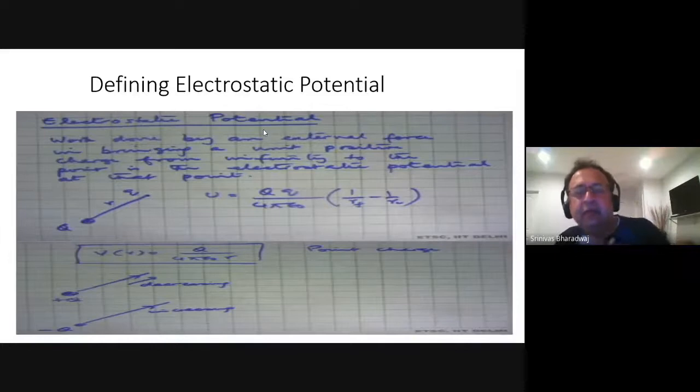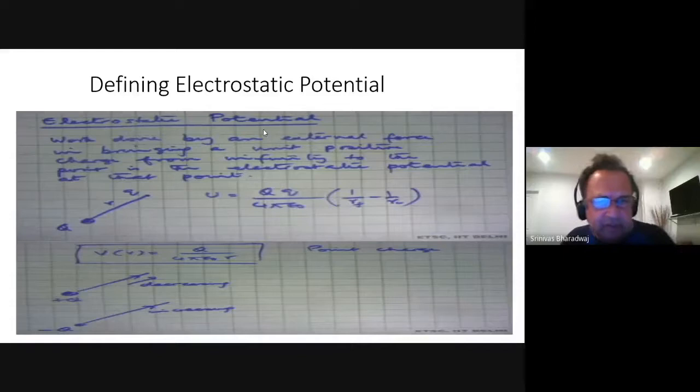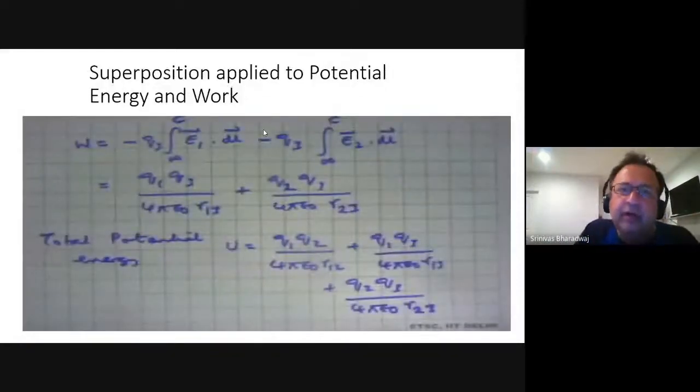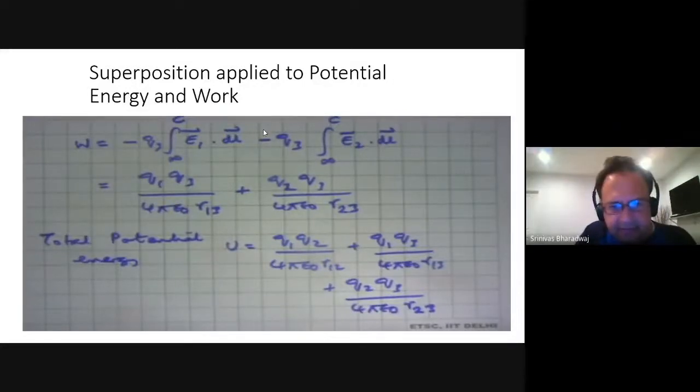Therefore the electrostatic potential is a scalar, while electric field is a vector and force is a vector; similarly work is a scalar. These are the equivalents. Superposition can be applied to potential energy and work. You do work and it becomes potential energy.